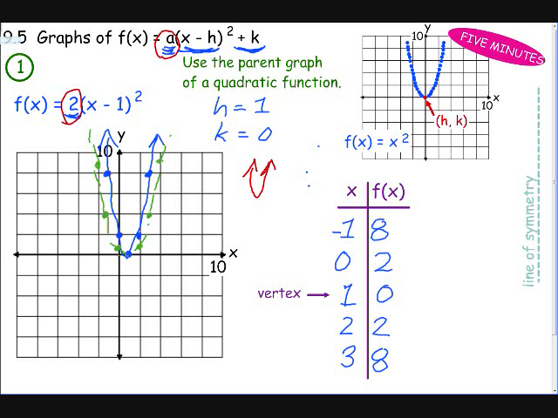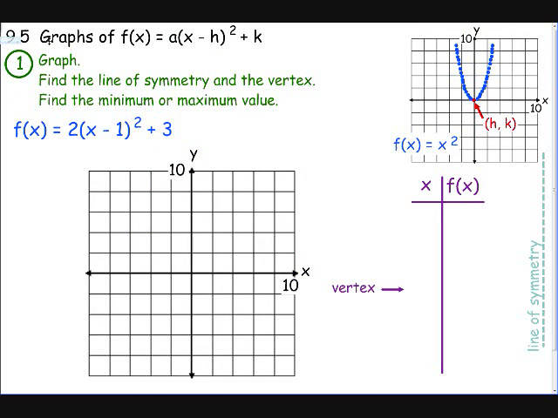The line of symmetry, let's put that on there. It goes right through the vertex. So there's my line of symmetry. Find the line of symmetry and the vertex. Find the minimum or maximum value.